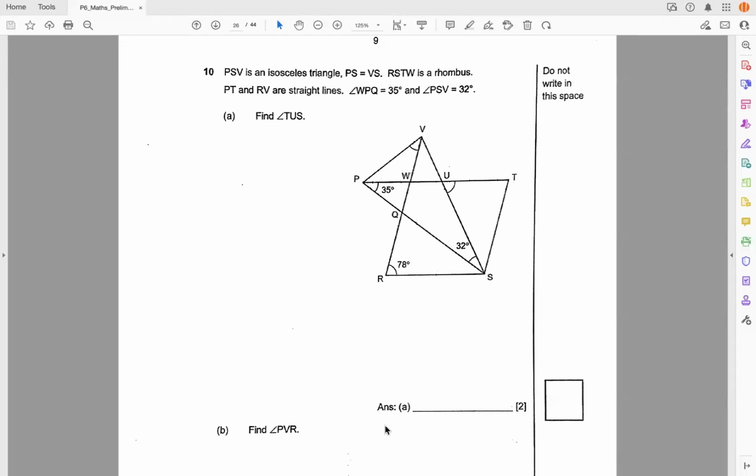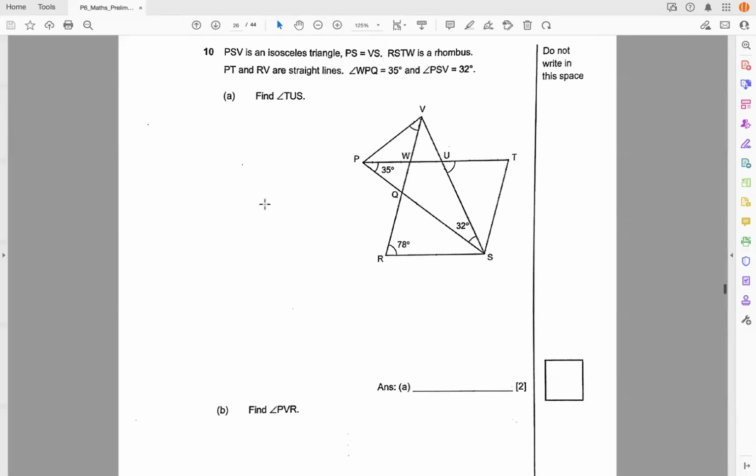Okay, now let's look at question number 10. PSV is an isosceles triangle. PS equal to VS. Let's mark them first. PS is equal to VS, so this is equal to this.